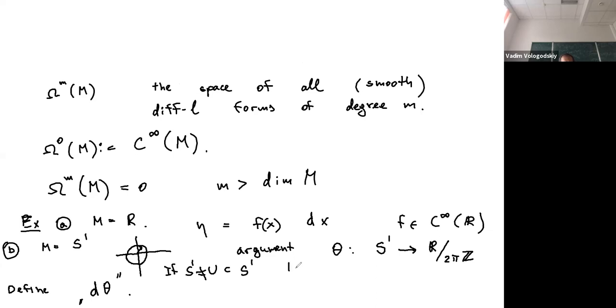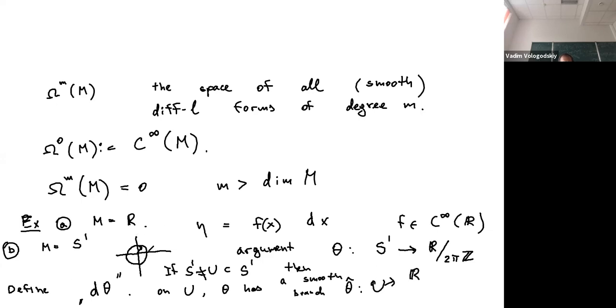Then on U, theta has a single valued branch, has a smooth branch, theta tilde, from U to R.